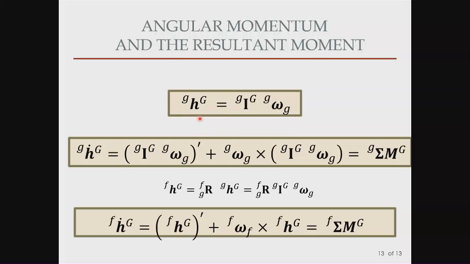If you want to calculate the derivative of H in time, the true time derivative, the change over time of angular momentum that you will need for the Newton-Euler angular equation, you will need to use the golden formula like we learned last week, and you can do it in any frame. So you can represent your H in some frame and use the golden formula correctly with the angular velocity of that frame.